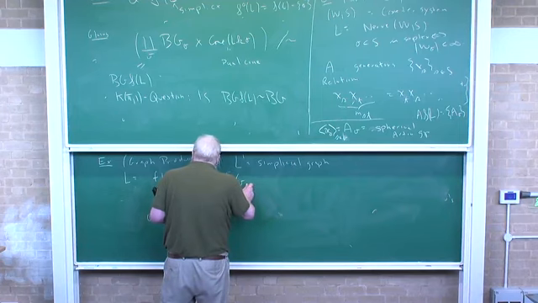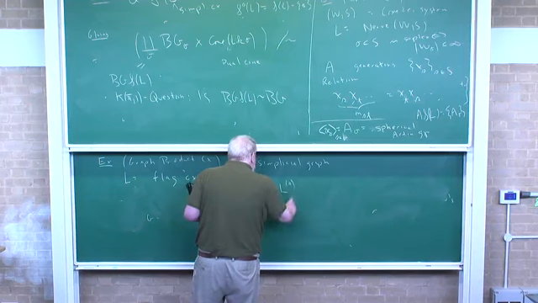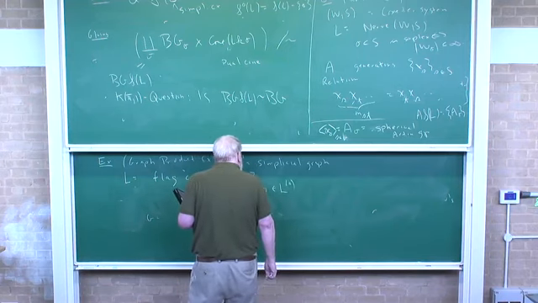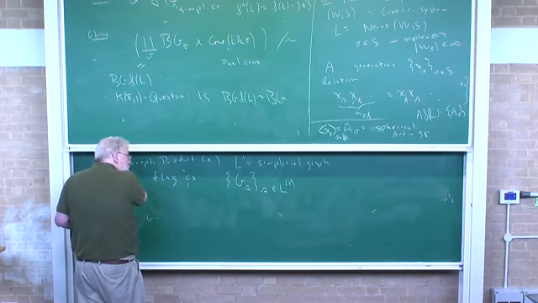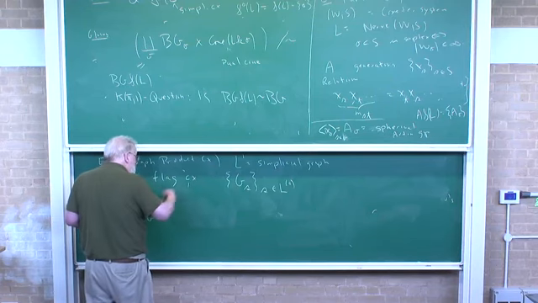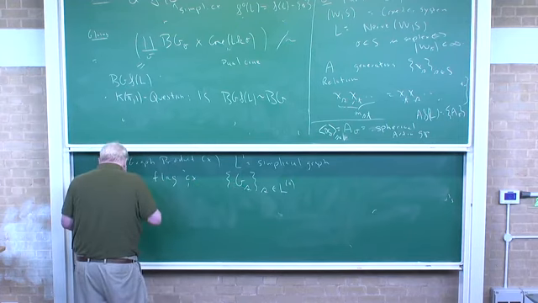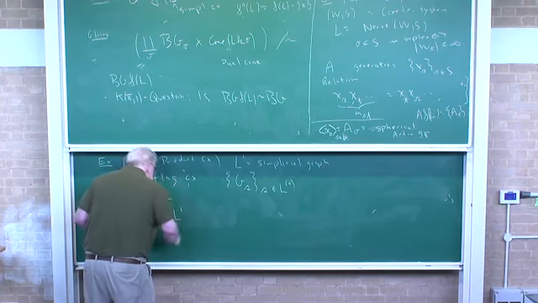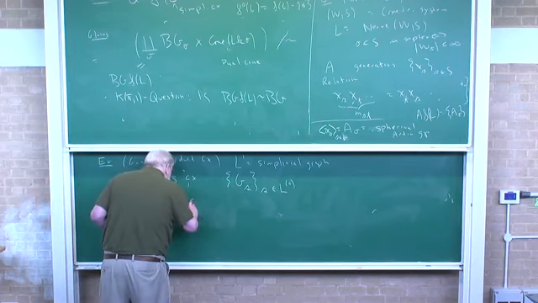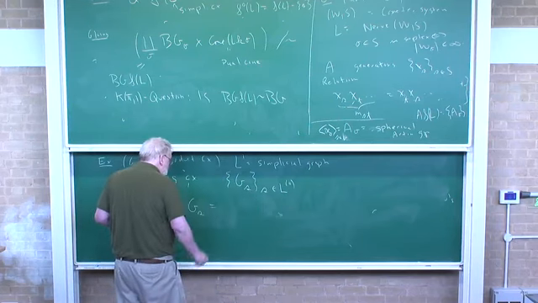So again, I'll let S be the set of vertices. I have some collection of groups, and I'm going to define G to be what's called the graph product over this graph, the one-skeleton of L, of these G_s's. And it's defined the same way you define a right-angled Artin group.